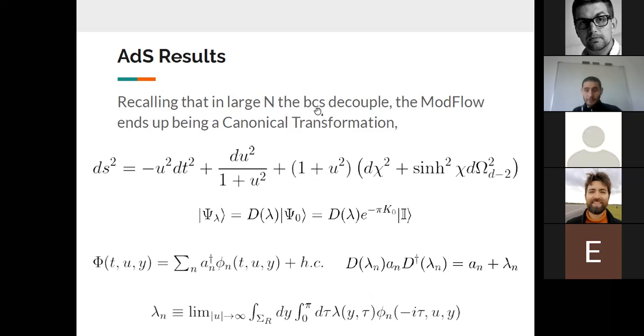as the boundary conditions decouple, the modular flow ends up having a canonical transformation structure in the following sense. The state becomes a displacement, in terms of this parameter lambda, of the vacuum, that can also be written like this. So you canonically quantize the fields, and this D operation is very well known for these ladder operators. They just displace the operators in terms of parameters that once again one can easily compute.